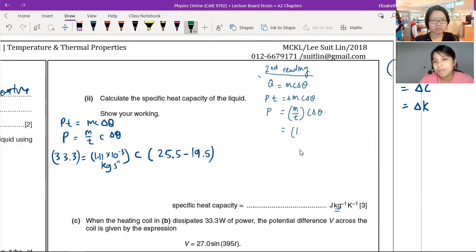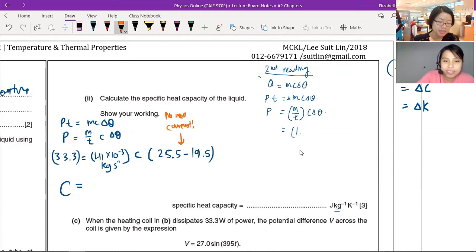It doesn't matter, you can shortcut a bit. With change in temperature, you don't have to convert. Absolute temperature, then you have to. But if you're not sure, then you convert, and you notice that your conversion cancels out, and then you feel a bit dumb lah, but it's fine.